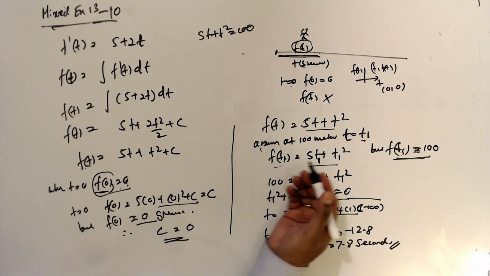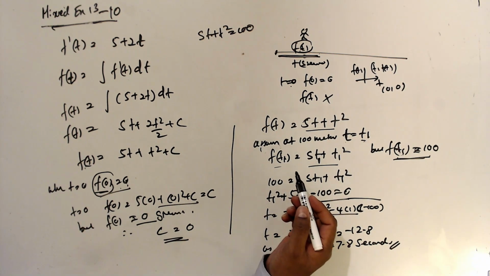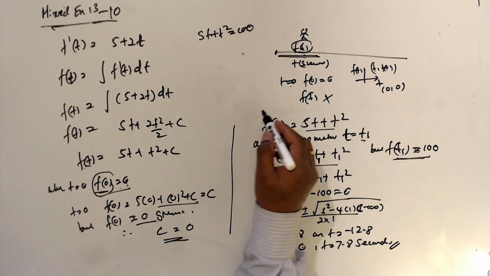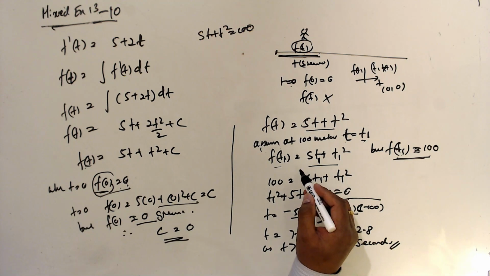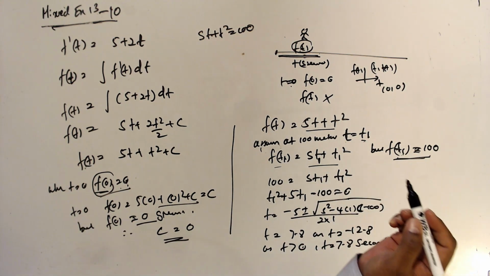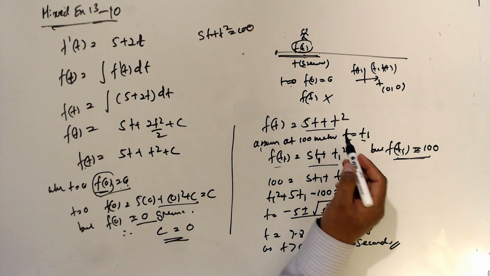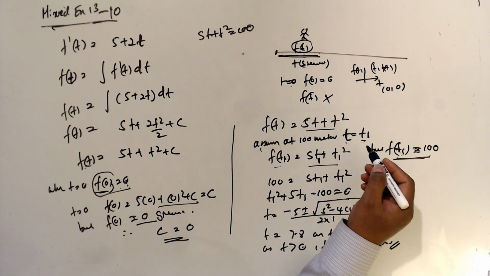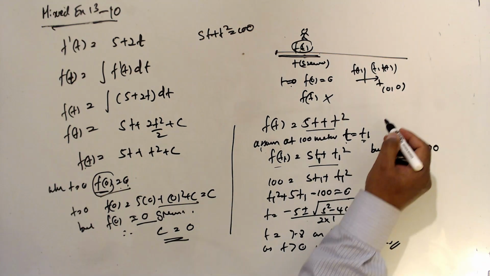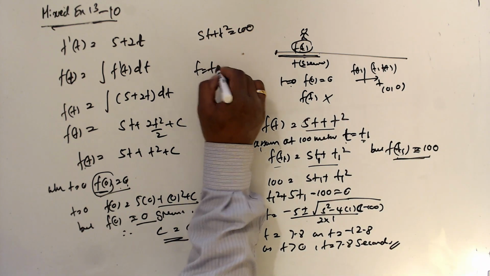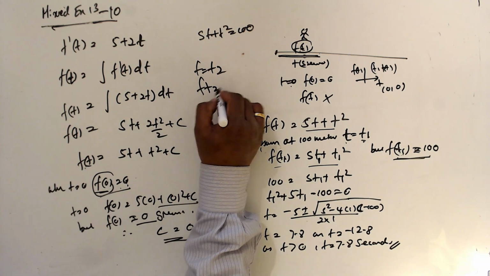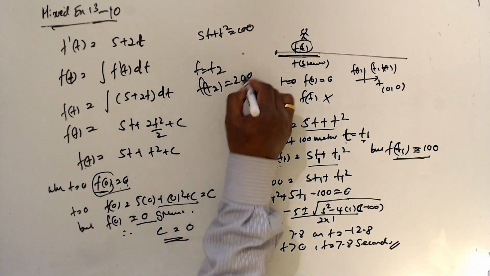Assume we need to find the time the cyclist takes to go 200 meters; then this t has to be another t. So at 200 meters, t equals not t1 but t2. Then f(t2) equals 200.